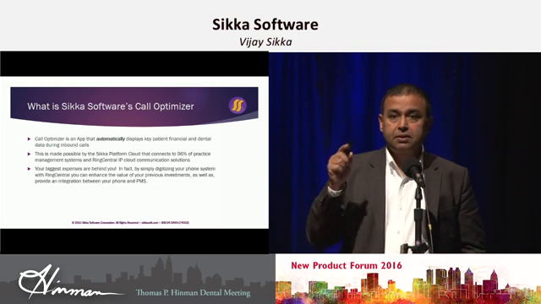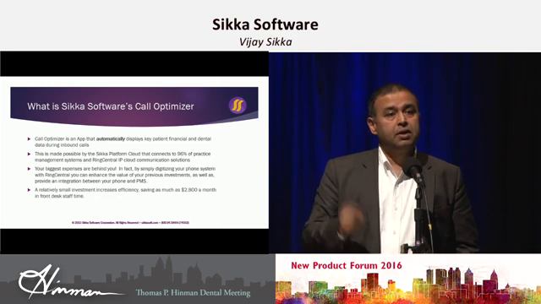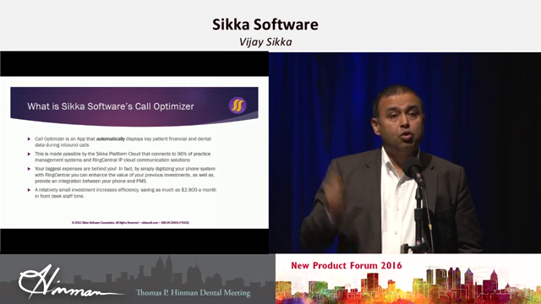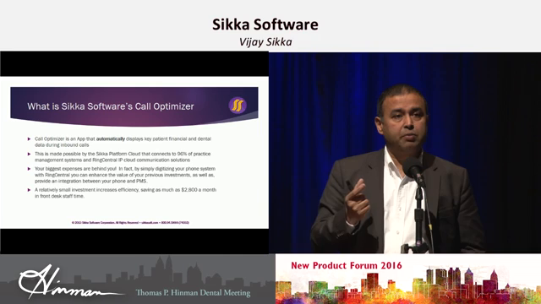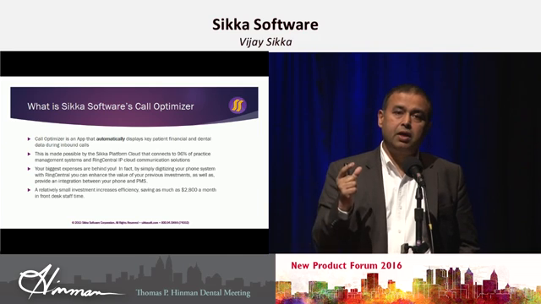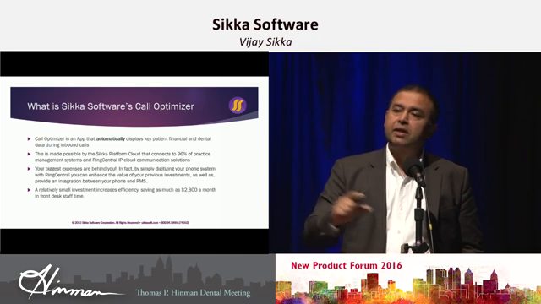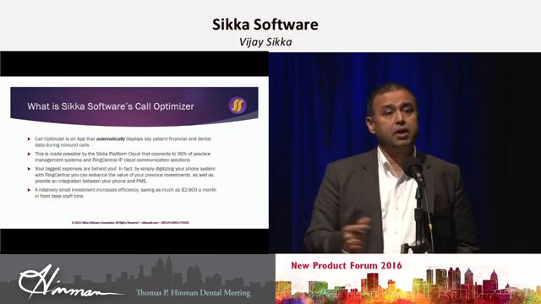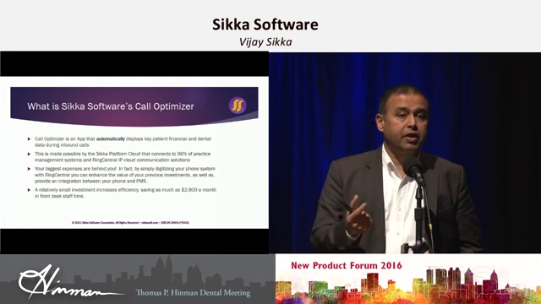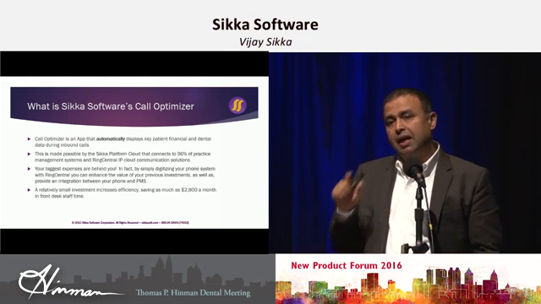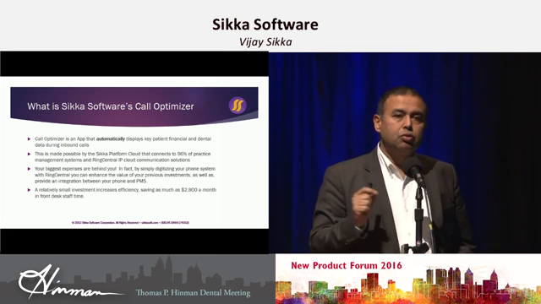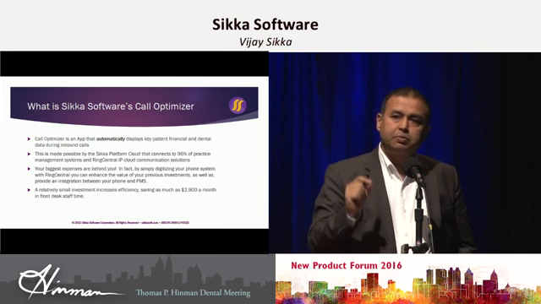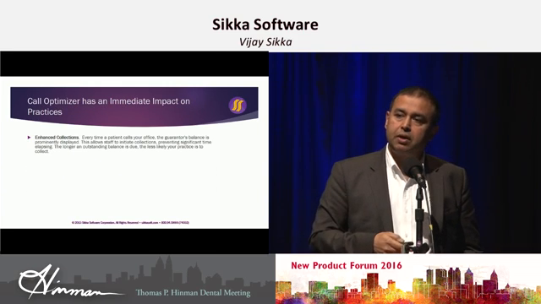The biggest thing here is that you need to use phone systems which are voice over IP, so that it gives you a way to provide lots of other capabilities such as call recording and identification of different extensions and lines. And that's how Call Optimizer works to, with a small investment, help you save over $2,800 a month.